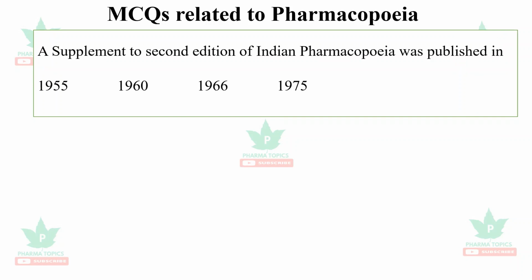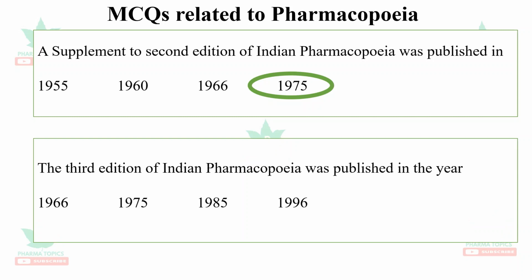A supplement to the second edition was published in 55, 60, 1966 or 75. It is 1975. The third edition of Indian Pharmacopoeia was published in the year 1966, 75, 85 or 1996. The third edition was launched in the year 1985.